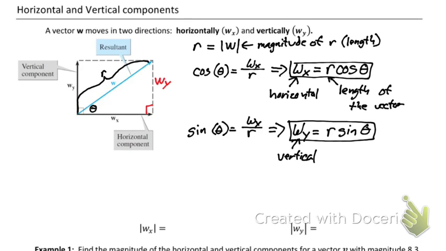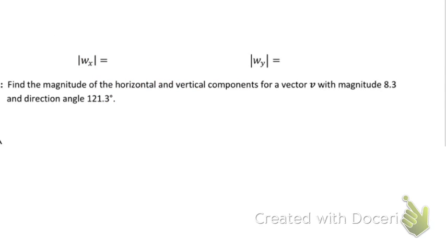But if I ask for a magnitude, say I ask for the magnitude of your horizontal, that would just be r times cosine theta, but we put absolute value bars around it to make sure it's positive. Just like W sub y, if I wanted the absolute value of that, I would just put absolute value bars around that and say r times sine of theta.